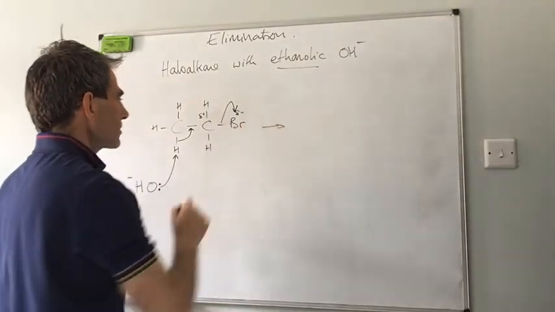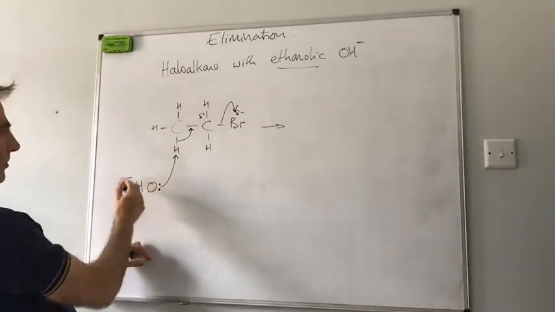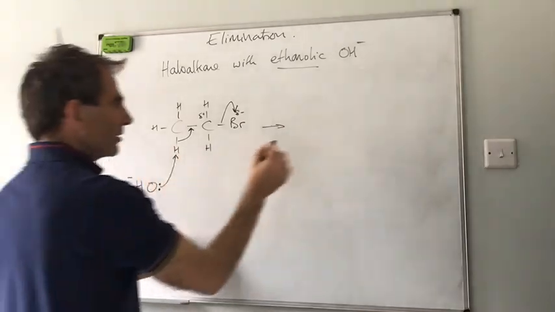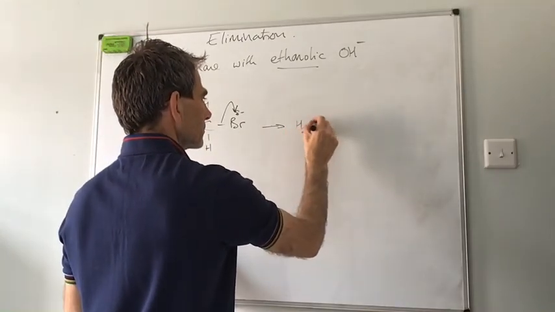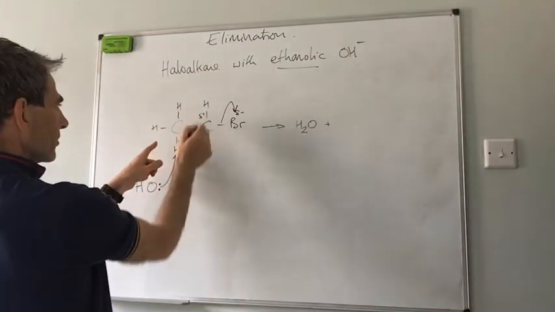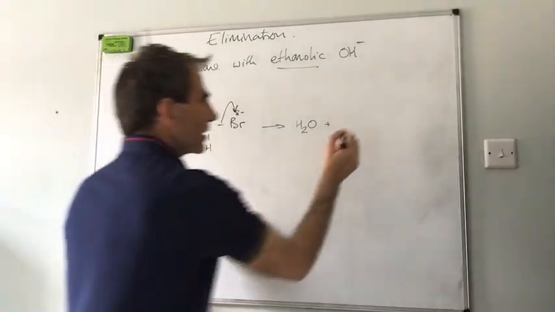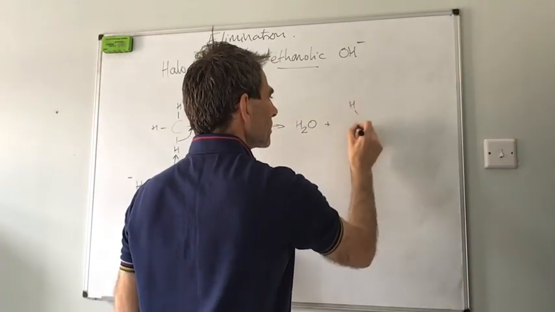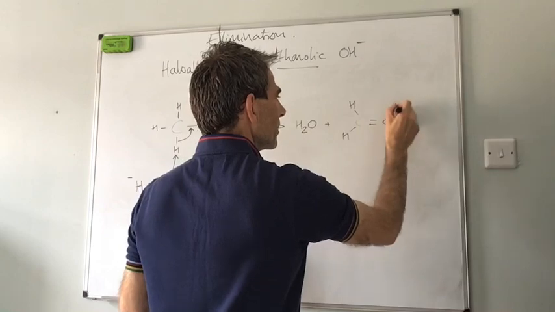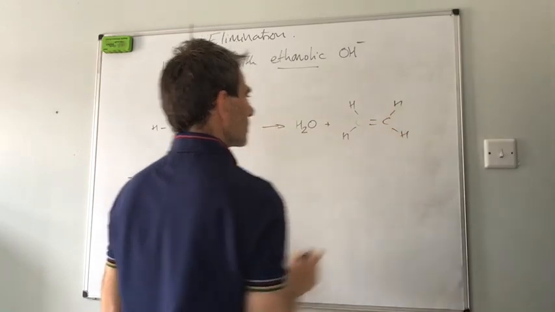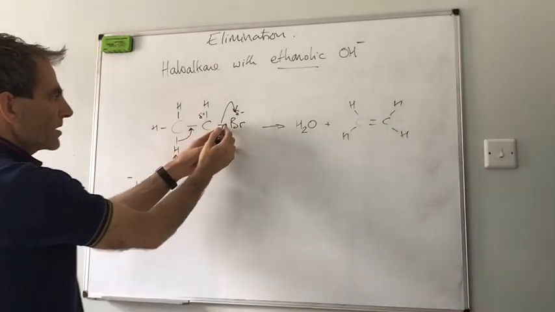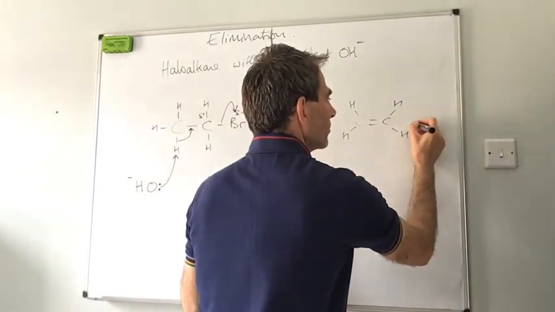So the result of all of that: that's going to become a water molecule. This is going to become, in this case, ethene, because we've got a double bond between the two carbons. And this will be a bromide ion, Br minus.